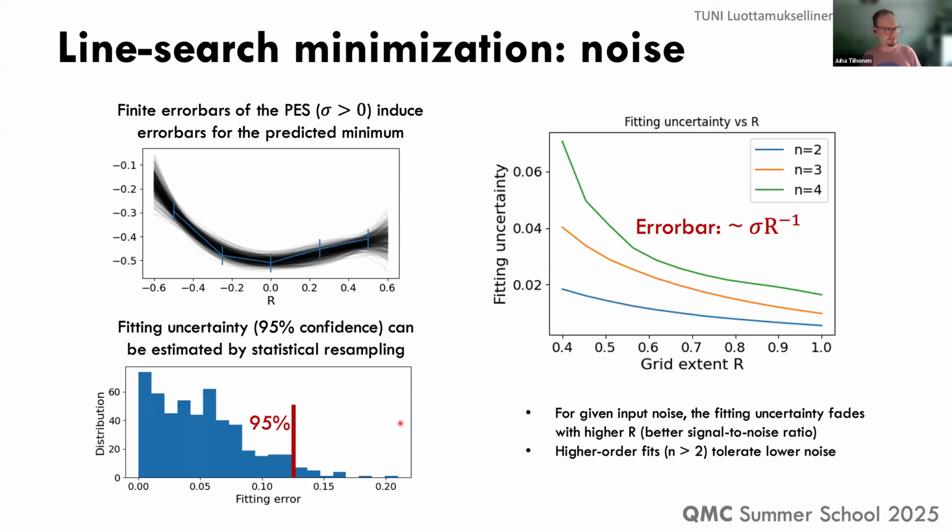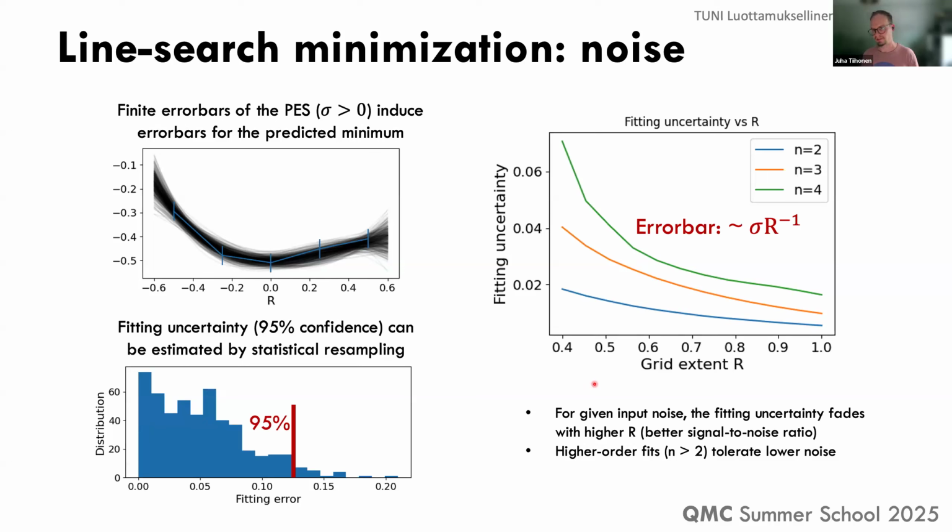And the way this scales is that if we make the grid extent higher, so we go further up in the energy, it actually mitigates the propagation of the statistical error from the fit to the minimum finding. Of course, the higher we make the input noise, sigma, the higher the error bar too.